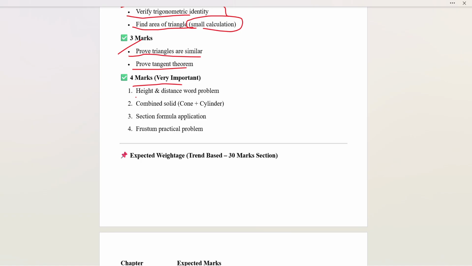So move to the next. First is a height and distance word problem. Then combined solids: cone plus cylinder is a famous question, so prepare for that concept. Then section formula applications, and a practical problem from the cone. You can solve questions on these concepts from your practice sets or problem set.